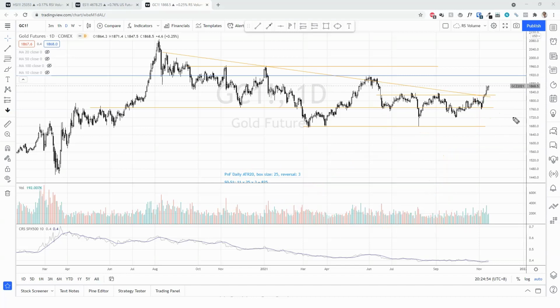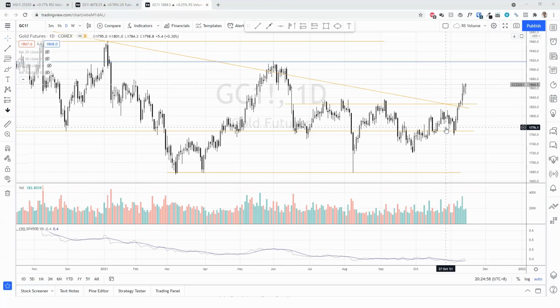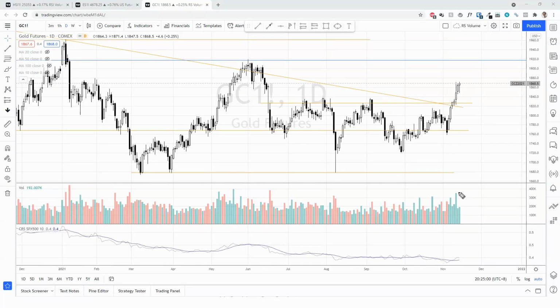So when the rally actually started, let's zoom in a bit. Okay, so what we see here is, look at this, demand is increasing, and we definitely see quite a nice increase of demand on the way out. So I think this is another bullish sign for gold.